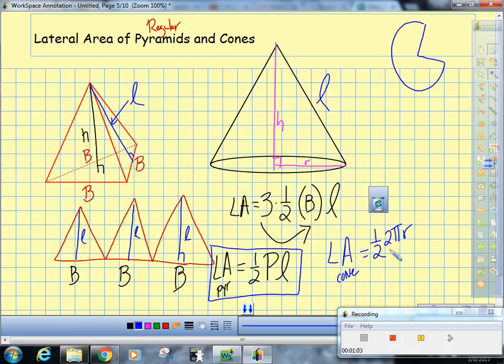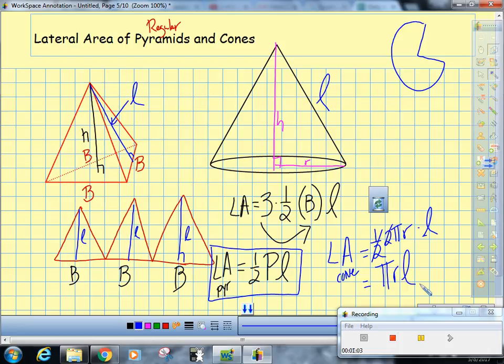And then times what? Times the slant height. That's the answer. That's the lateral area of a cone. Although, what does the 1/2 do with the 2? They cancel because they multiply to be 1. So pi RL is the lateral area of a cone.